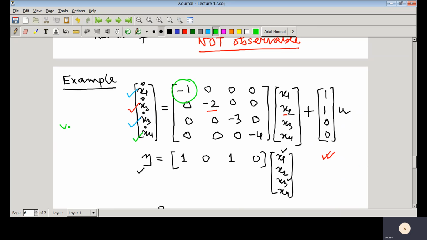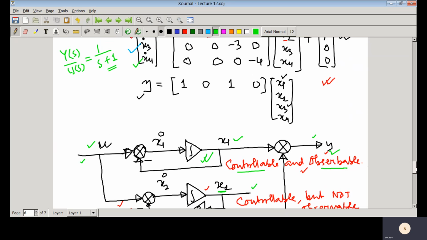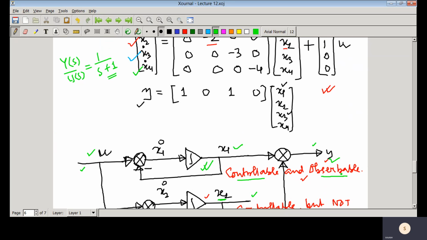If you find Y(s) by U(s), you will see the transfer function would come as s plus 1, because this is that pole. You can see here, this is that mode. This is the state which is controllable and observable, and in the transfer function only the controllable and observable mode appears.